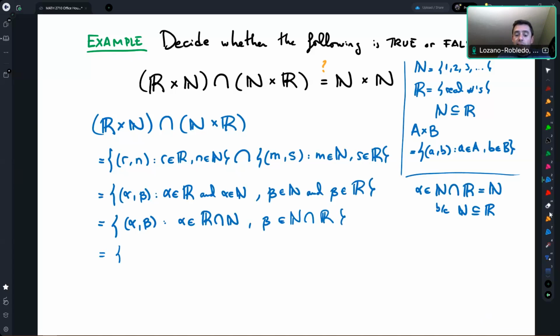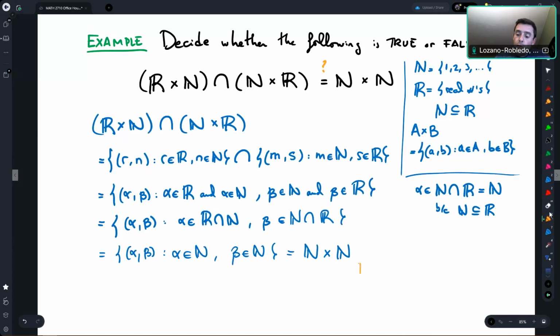Then the intersection of the real numbers and the natural numbers is just the natural numbers, so alpha has to be in the natural numbers and beta has to be in the natural numbers, but that by definition are pairs where alpha and beta are natural numbers. That is the Cartesian product of the natural numbers by the natural numbers. So we have proved what we wanted to prove, so it is true. Those two sets are equal.